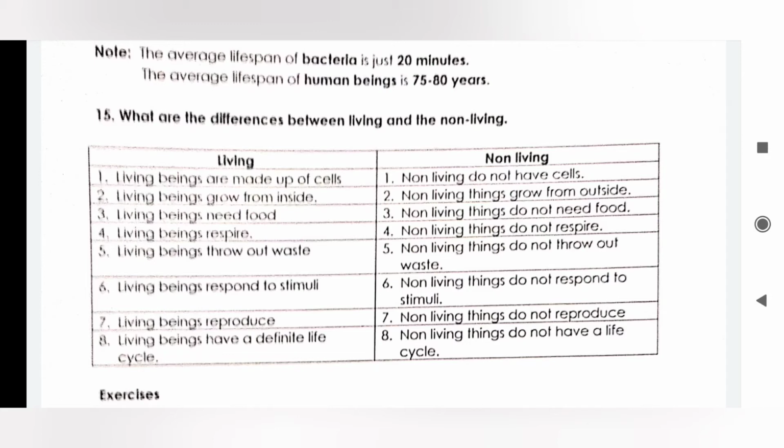So there is a cycle, there is a definite life cycle. But in the case of non-living things, it's not the case. There is no definite life cycle which is seen in non-living things.